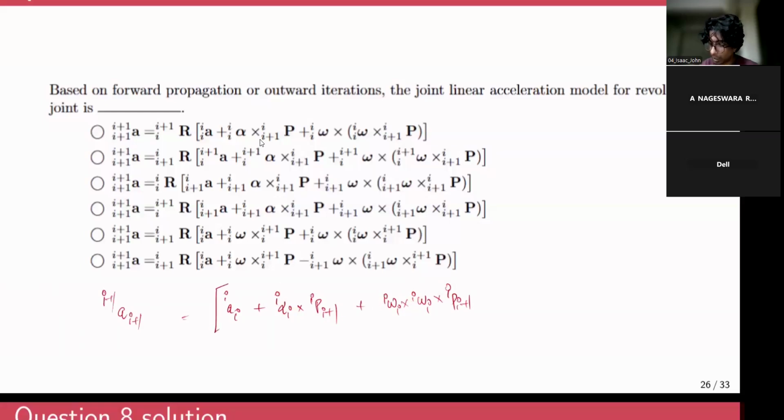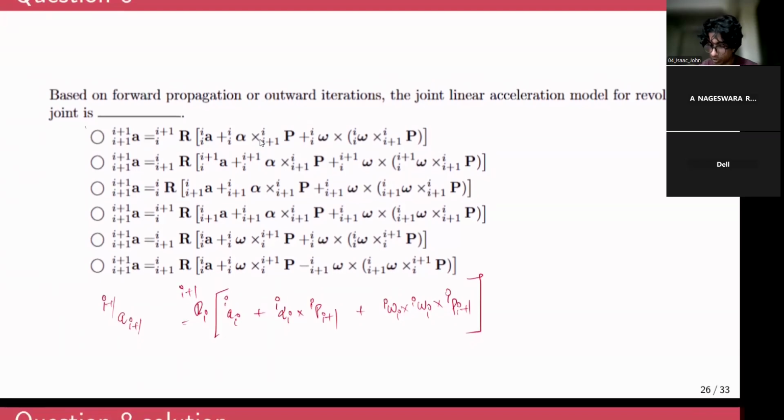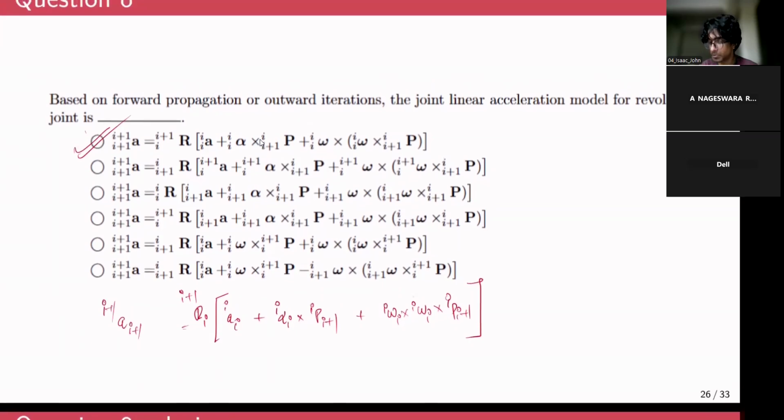So we pre-multiply all of these equations with the rotation matrix that maps the quantities from the ith frame to the I plus 1 frame. So in this regard, I think option A looks like the correct option. Option A itself is the correct option.